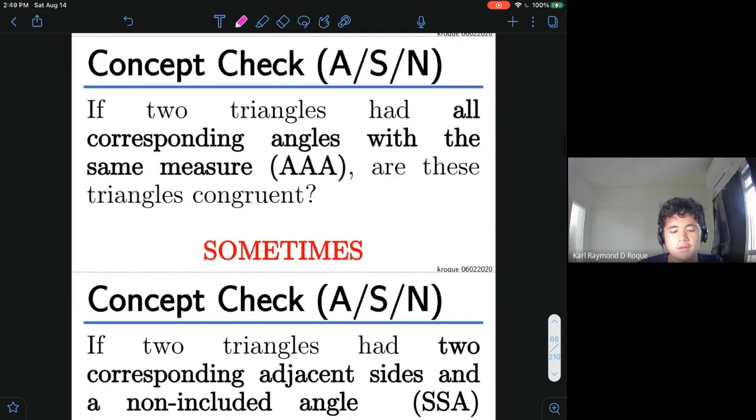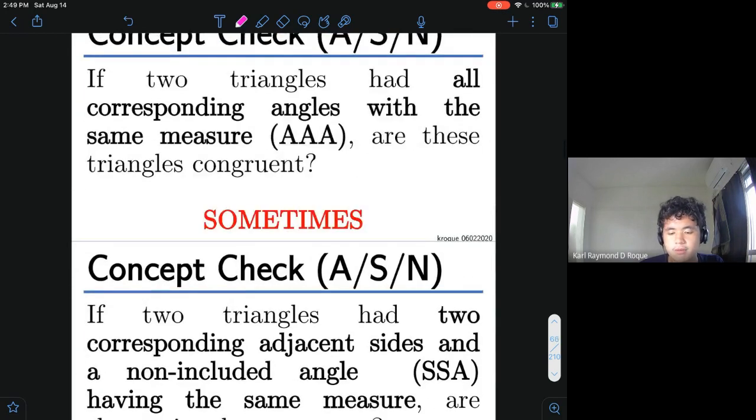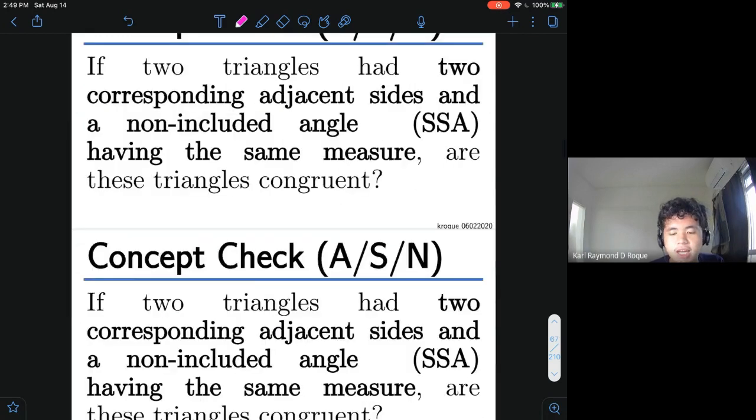Kasi, madali lang yan. Baka mas malaki yung shape. Para sa na-angle, magkaiba sila ng shape. So yes, sometimes. Next, if two triangles had two corresponding adjacent sides in an unincluded angle having the same measure, are these triangles congruent? What do you think? Yes, no, sometimes. Always, sometimes, never.